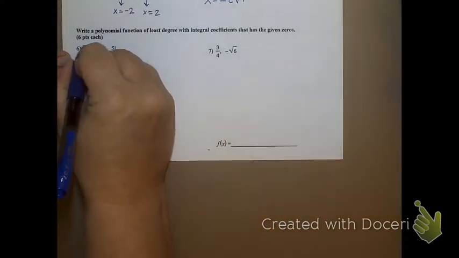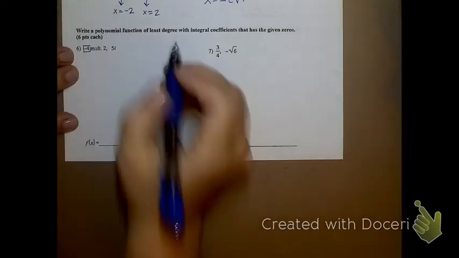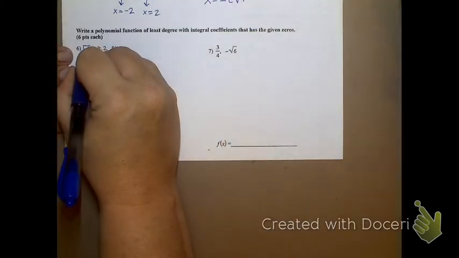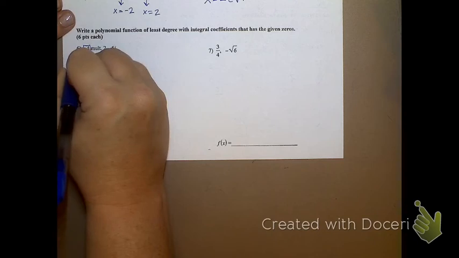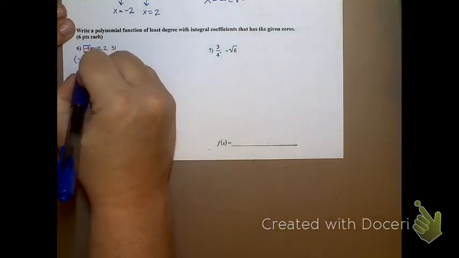Negative 4 is a 0. Does that mean that positive 4 is a 0? No, because that conjugate thing only counts with what? Radicals and i's. So if negative 4 is a root, what would the parentheses look like that it came from? x plus 4.